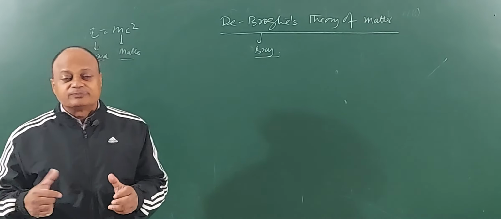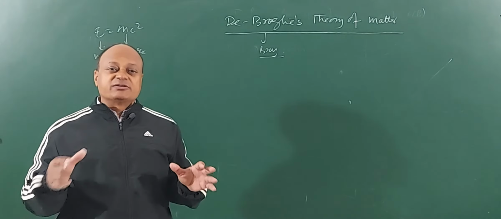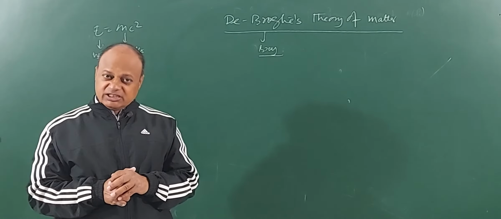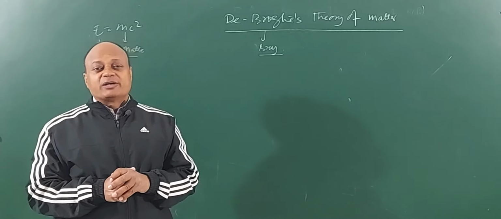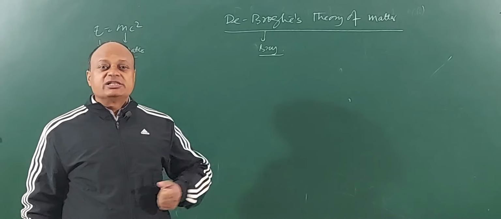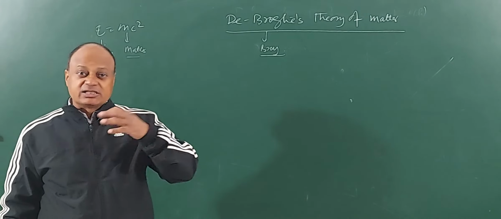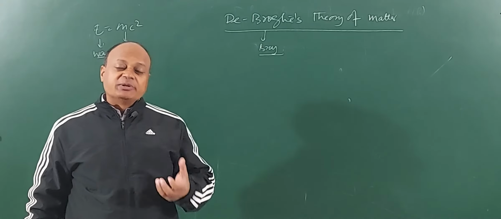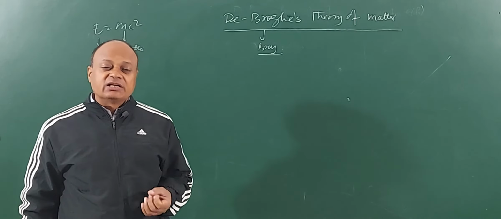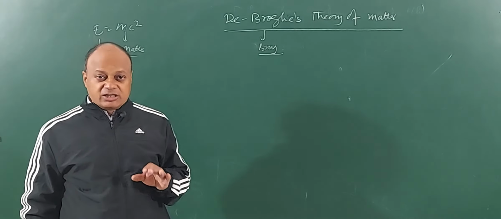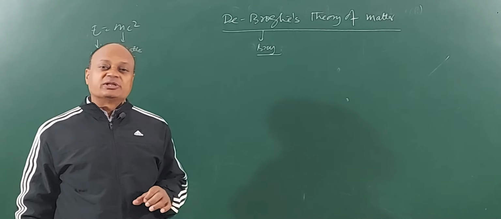But as of now we don't have devices which can measure these wavelengths. So, with microscopic objects this phenomenon is easily noticeable. However, with macroscopic objects, even though they are acting as waves, the wavelength is so small that we don't have the instrument to determine it.